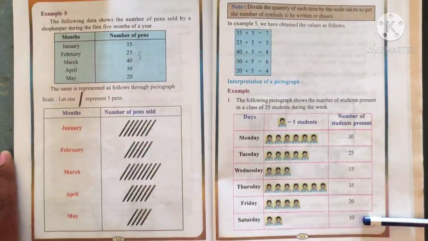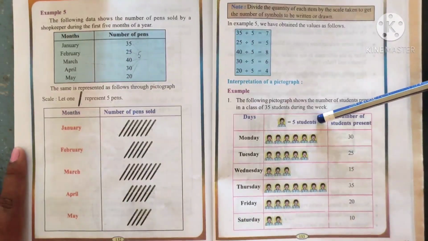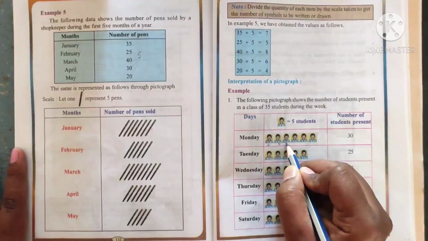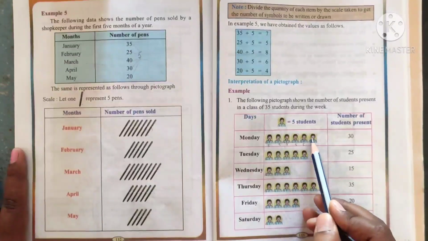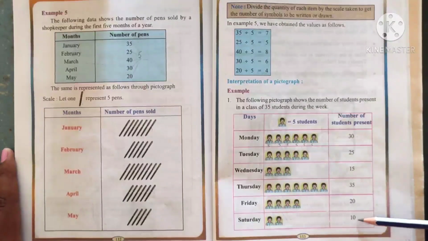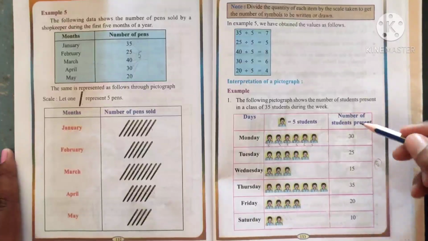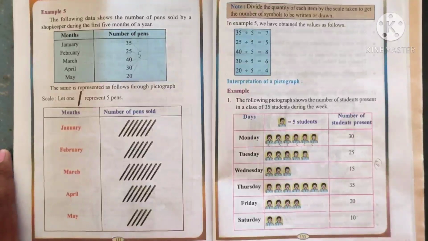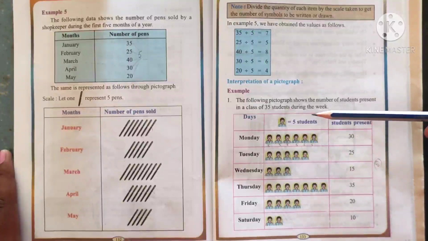The key given is one child represents 5 students, which means 5 plus 5 plus 5 plus 5 plus 5 plus 5, 6 times, gives you 30. These numbers are multiples of 5, so 5 is the common factor. First find the common factor, then take that number to represent the symbol.